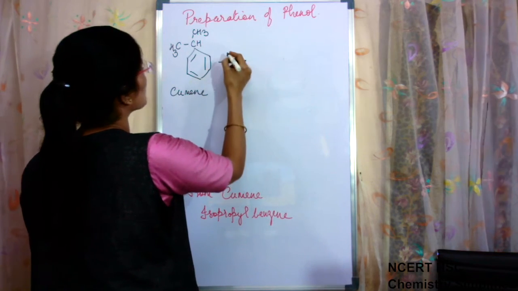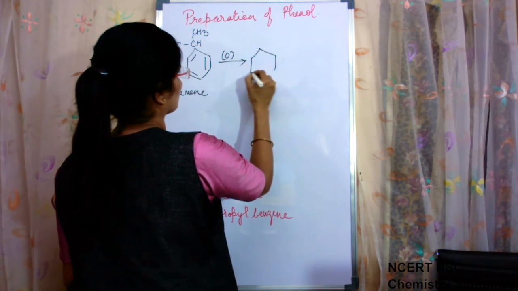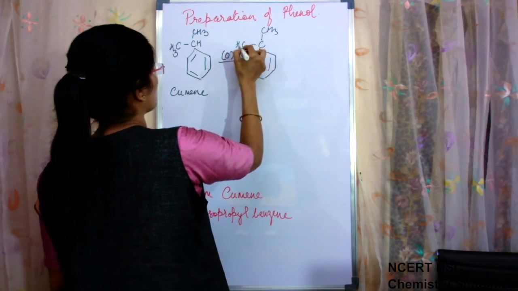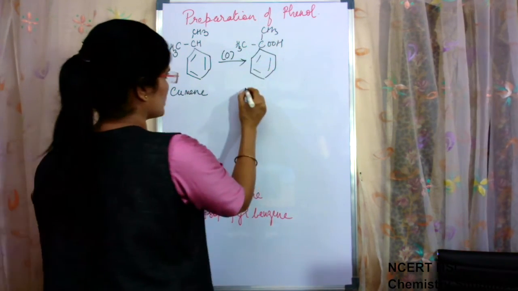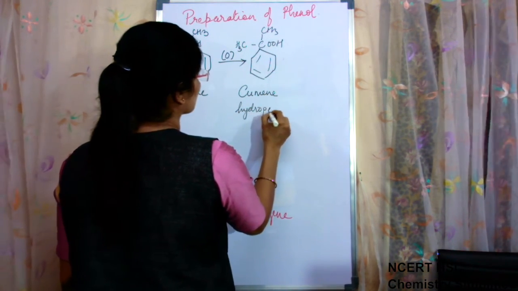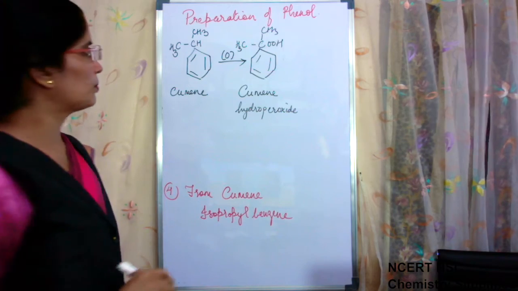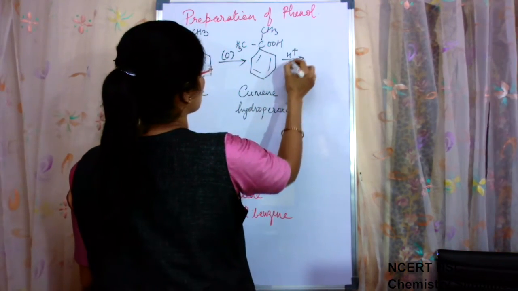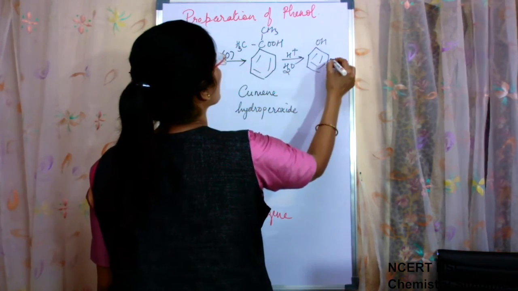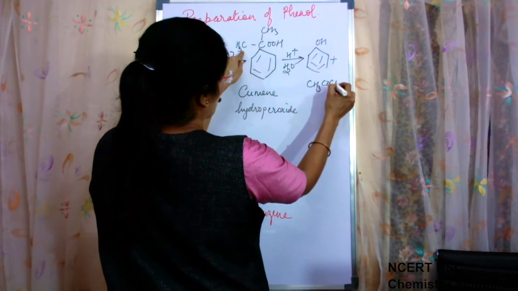When cumene is oxidized, it forms the compound with CH3, CH3, COOH, known as cumene hydroperoxide, which on acid hydrolysis gives phenol plus CH3COCH3.